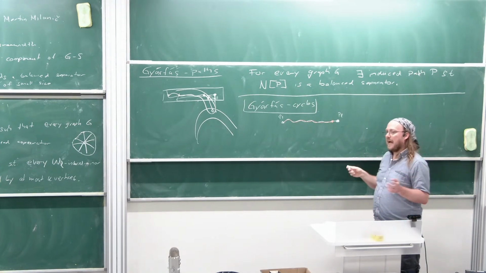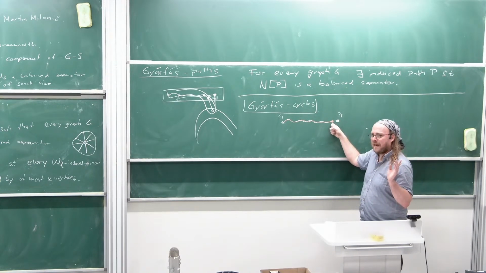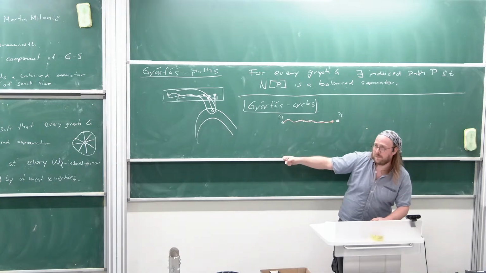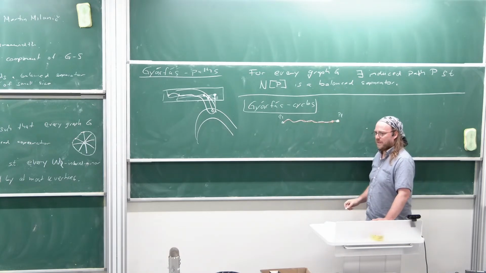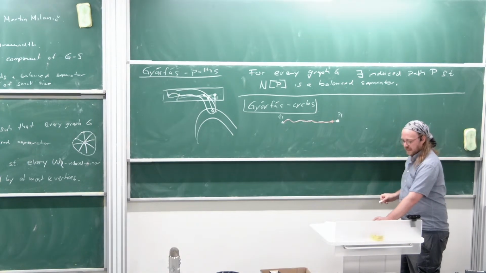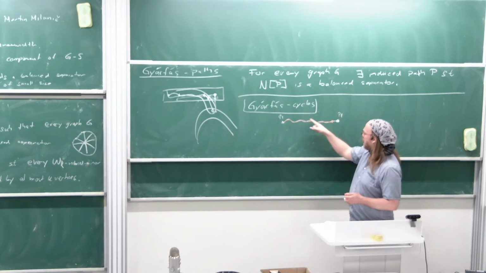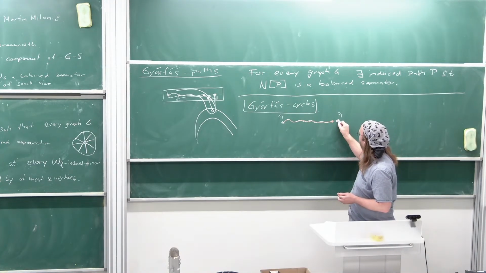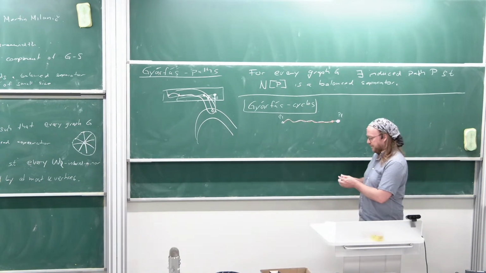But I also don't care about minimum length. I just want that this subpath and its closed neighborhood is not a balanced separator. That's the minimality property that I want. So this red path and the neighborhood is not a balanced separator, but if I add the purple vertex, then it is a balanced separator.